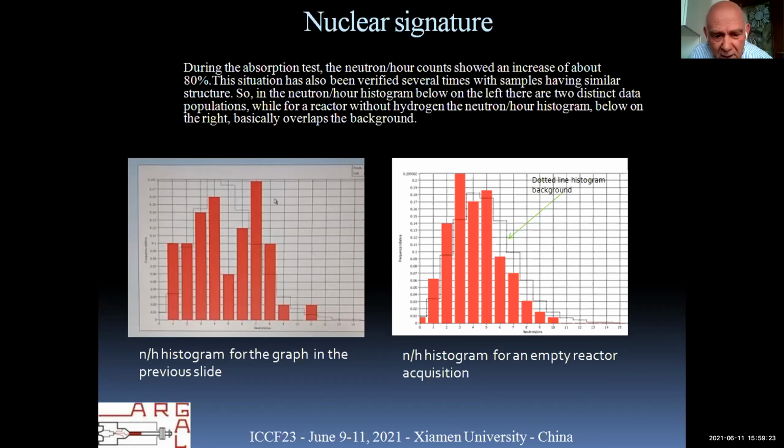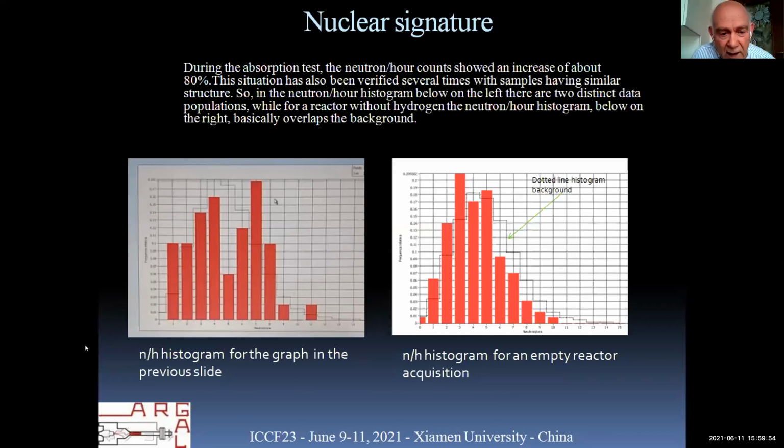Can you repeat your question, because I lost the sound for a moment. Okay. You are saying that even if the count is not very different from the background, the histogram is too different from background. So you believe that the sample is producing some neutrons. Is that correct?